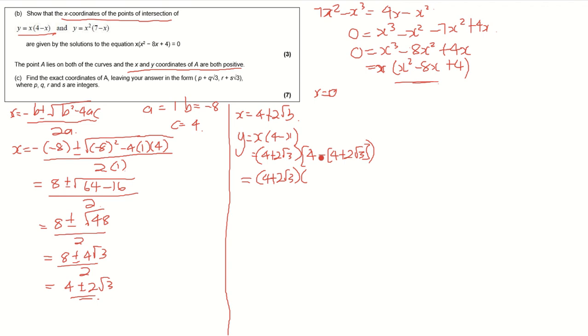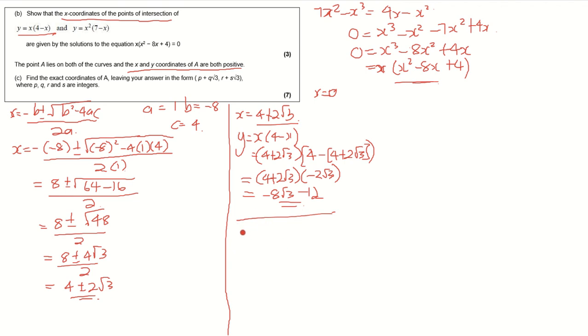If you look at it, 4 minus 4 is 0, so it becomes negative 2 root 3. When you multiply those, you get 4 minus 8 root 3, minus 4 times 3, which is minus 12. That's certainly a negative value. So that's when x equals 4 plus 2 root 3.